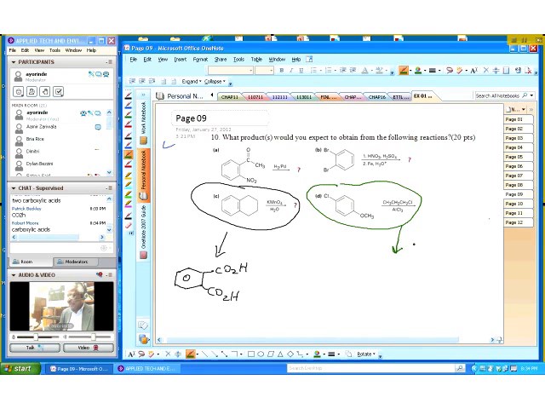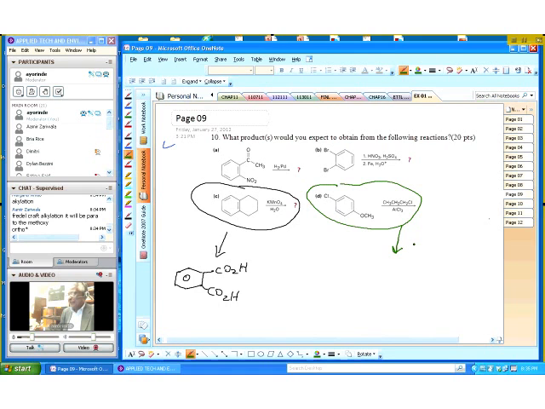What is going to be the product here? What should we expect to get? Okay, how many people say, yeah, it is alkylation? Okay, we have 2 choices. We are going to get either propyl alkylation or isopropyl alkylation. Okay, it is Friedel-Crafts alkylation.